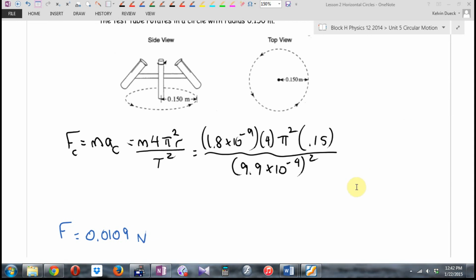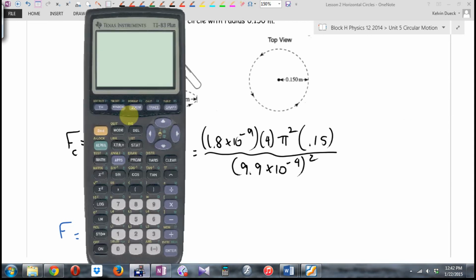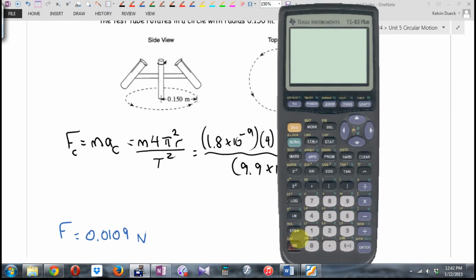By the way, this force may seem really small, but if F equals ma, if you divide this by the mass, which was 1.8 times 10 to negative 9, the acceleration in meters per second squared is that. Or if I divide that by 9.8, it's experiencing 616,000 Gs.